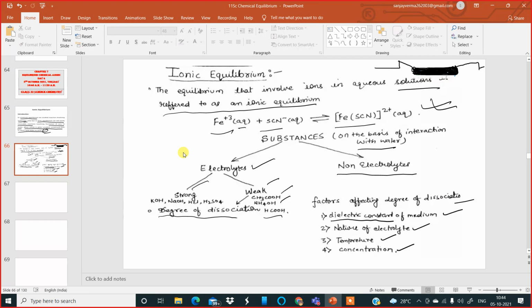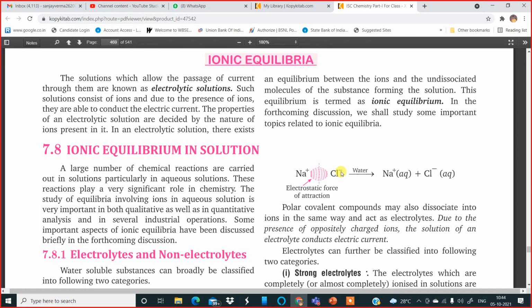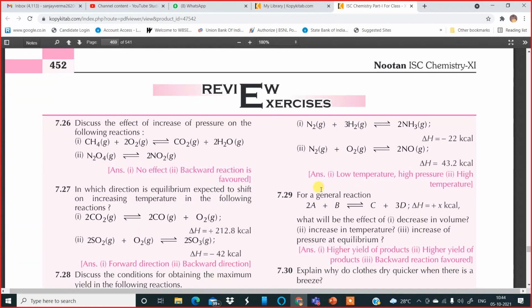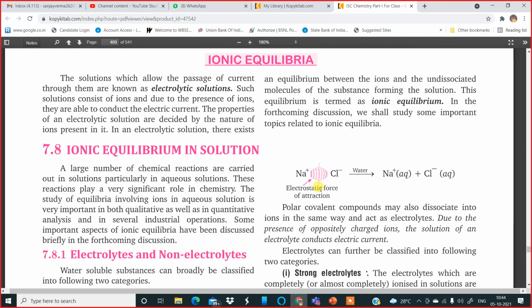Now, moving to the textbook, you can see on page number 452. You can keep your textbook open or you can follow my screen also.